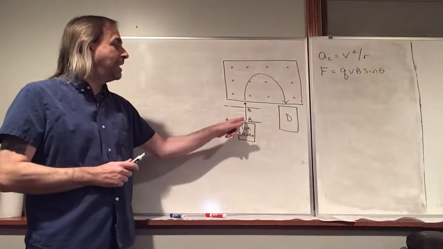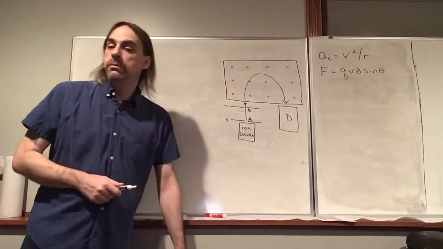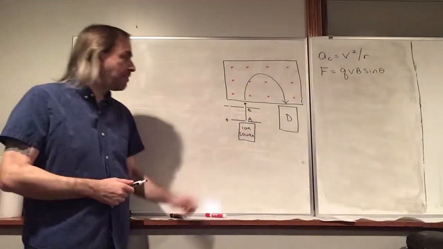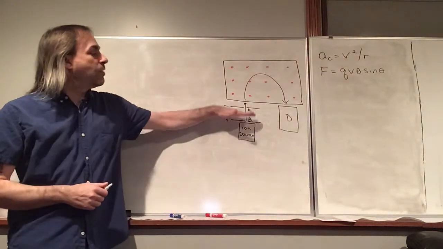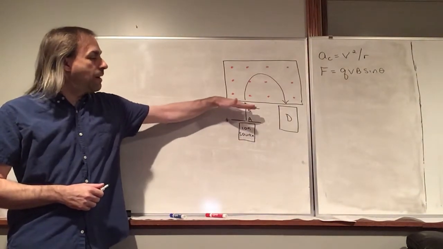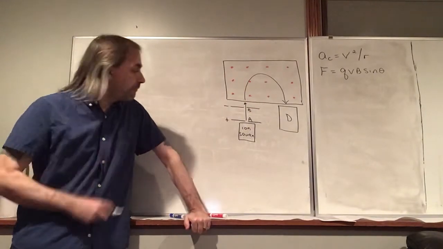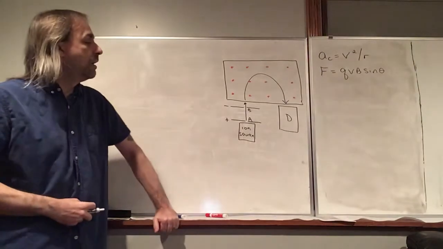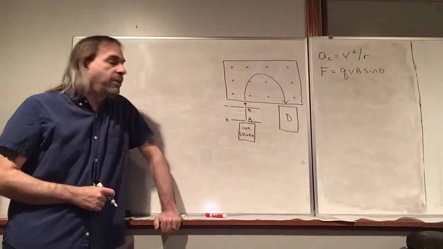So these are positively charged ions, and they're going to accelerate in this, basically this is a capacitor. There's an electric field between the plates, so it'll accelerate, and once it's done accelerating, it's going to enter a region with a magnetic field. So we're going to analyze the acceleration part and then the magnetic field part.